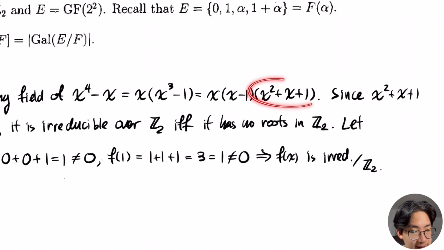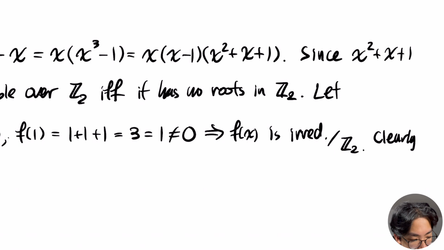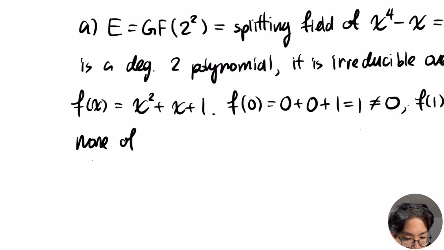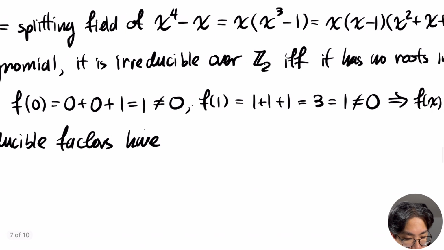So because this is indeed irreducible and it clearly has no repeated roots, we can claim that this polynomial is actually separable. All right, so let me quickly write that out. So clearly, none of the irreducible factors have repeated roots.